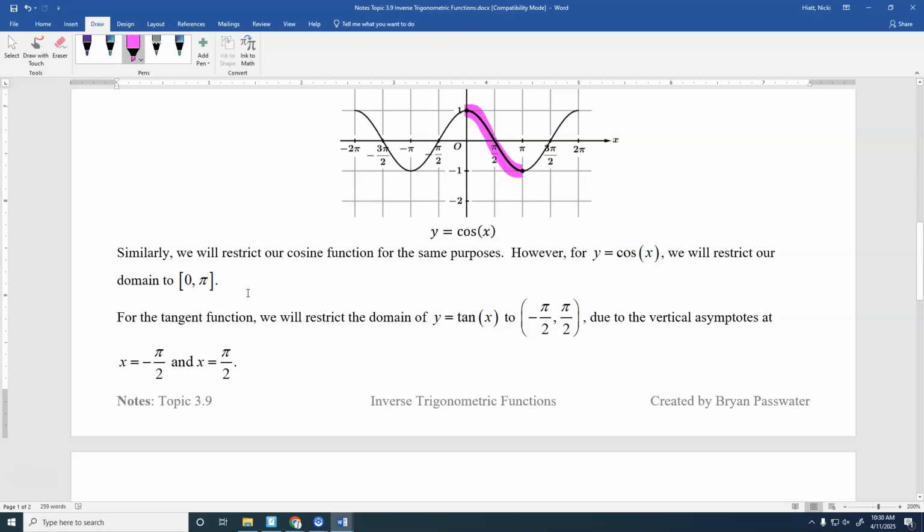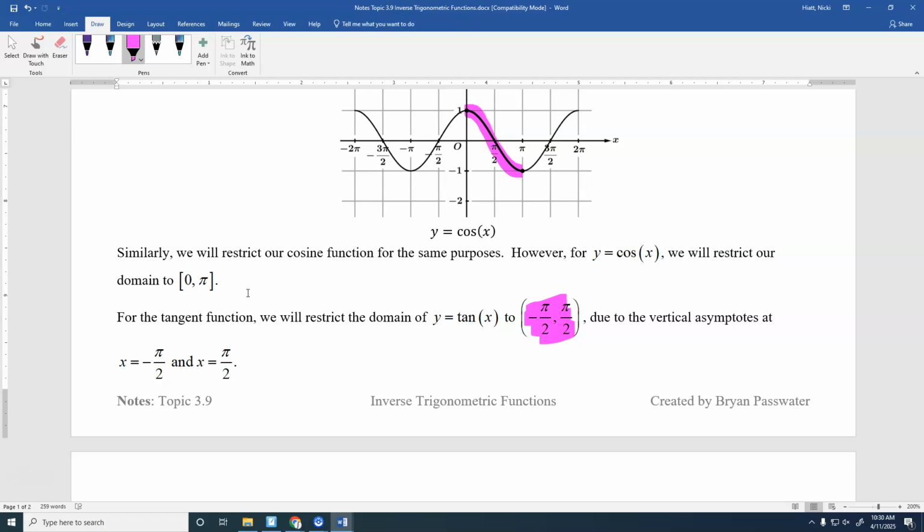And for tangent, due to the vertical asymptotes, if we think about that tangent graph we were just looking at yesterday, I had vertical asymptotes at negative pi over 2 and pi over 2, and no y values were repeated in between those. So from negative pi over 2 to pi over 2 can be our restriction for that as well.